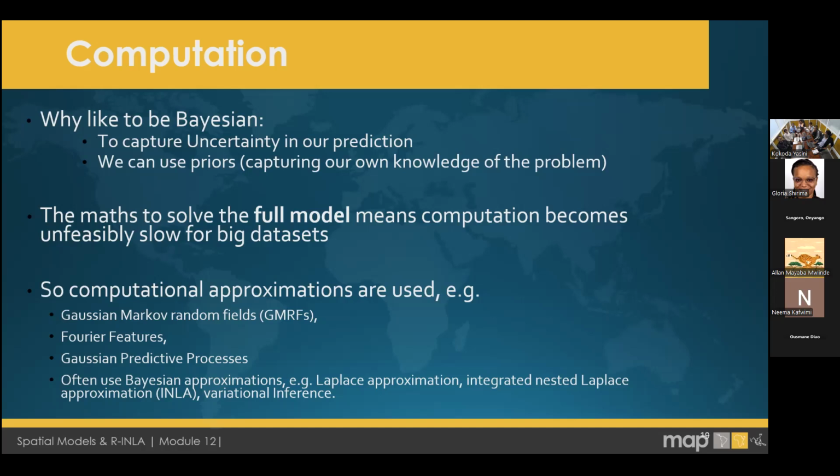About computation, because these are not very simple models to compute, you need good software and memory. Maybe there are some alternatives, mathematical aspects like the Gaussian Markov random field, Fourier features, but I think you don't need to care about them. They are related to mathematical aspects.